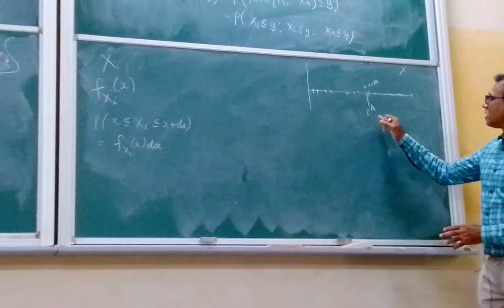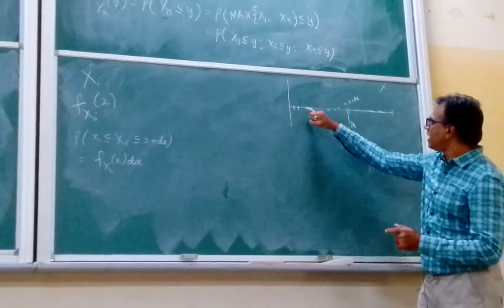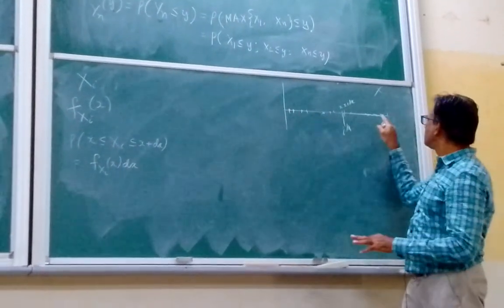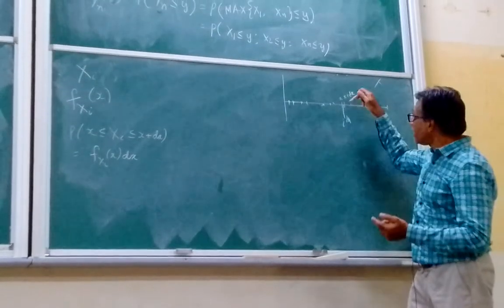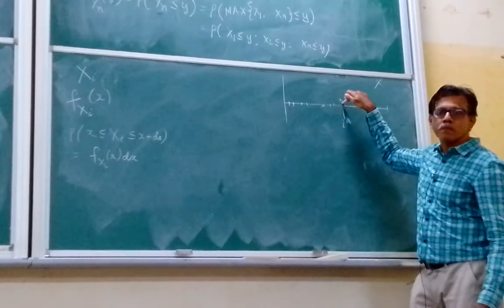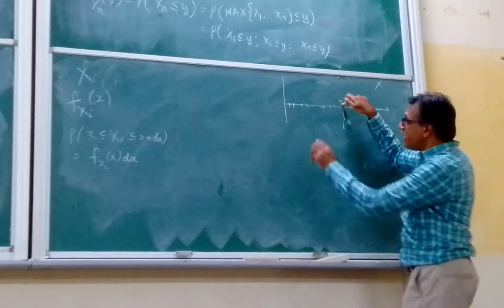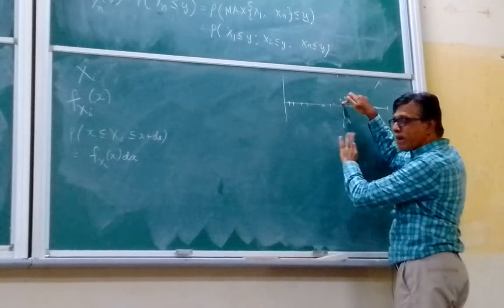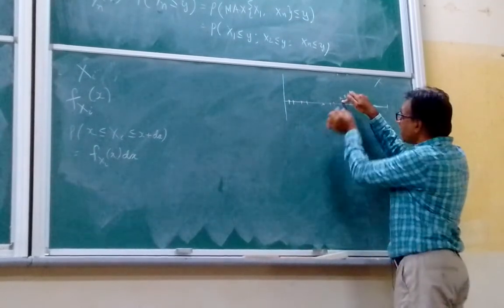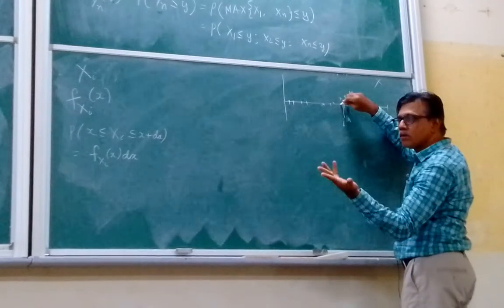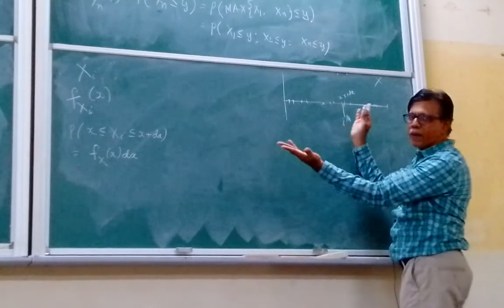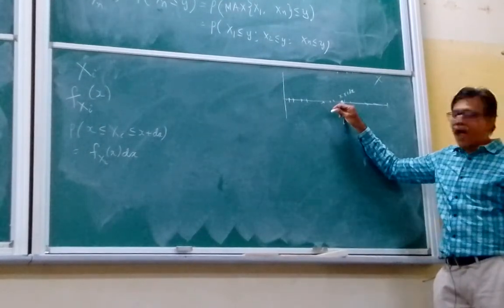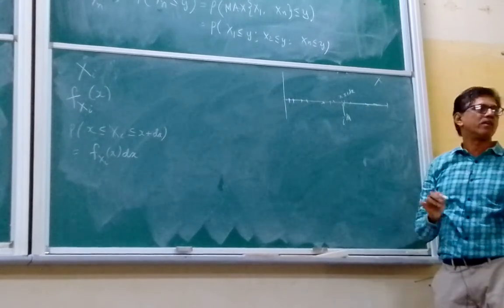So, this is already in order. After realization, this is the smallest, this is the largest, and so on. The ith one should fall in this interval. How can it happen? The smallest one has to be less than this, up to i minus 1 has to be less than this. They can all be centered at this place, that's also allowed, or they can be spread out, as long as they are all less than this point. The ith one has to be in this small interval.